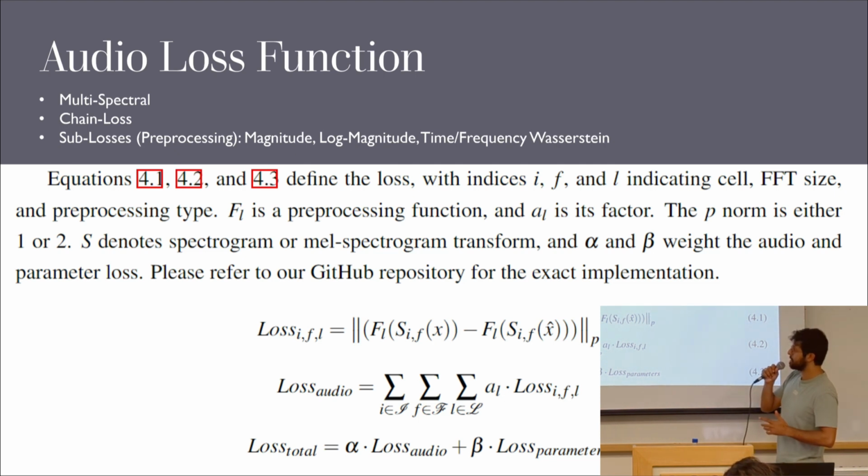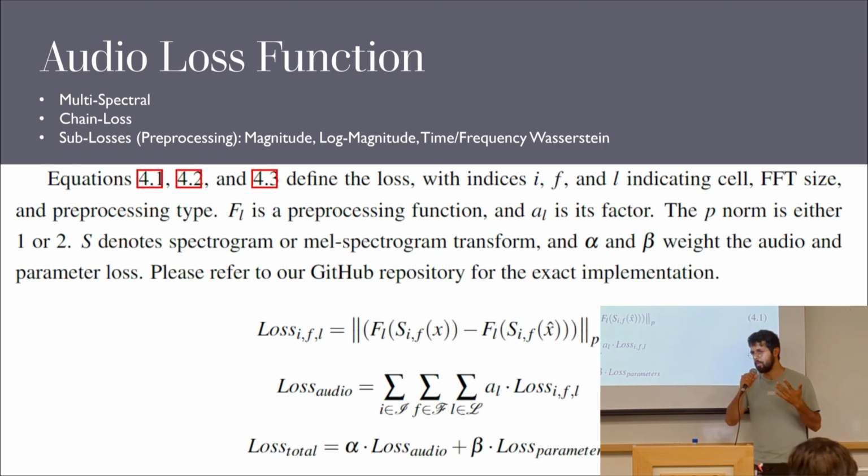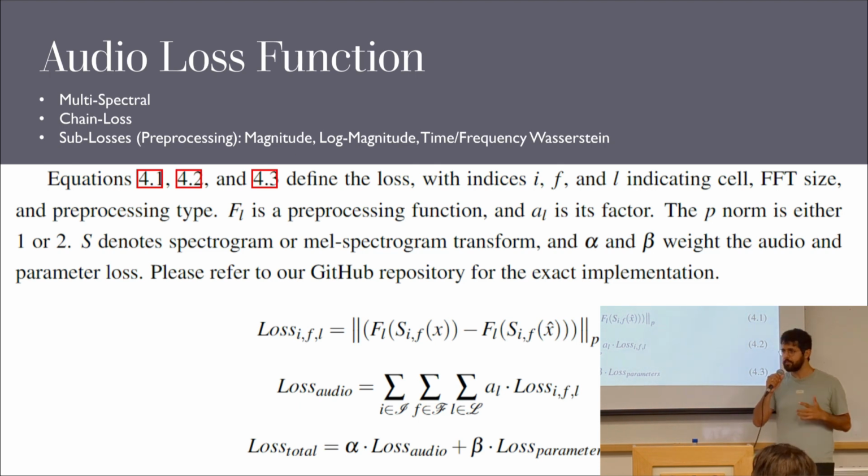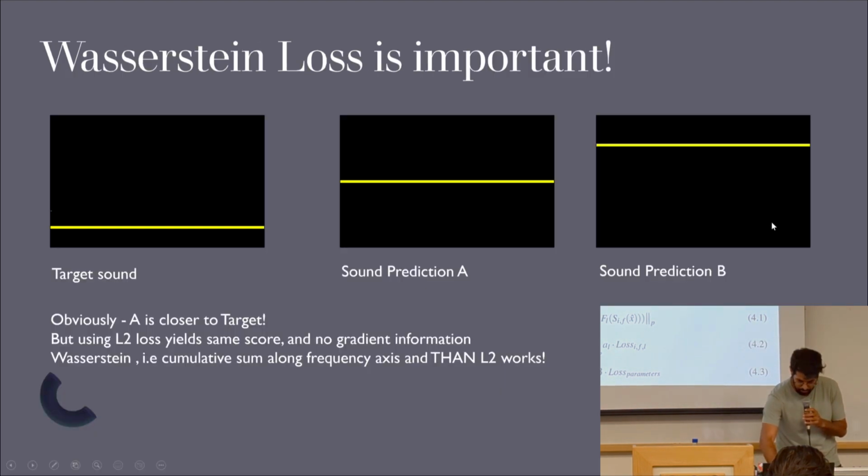And the last one is several pre-processing functions, okay? We can just do L2 between the spectrograms. We can take the log, and then we get smaller variance and better utilization in the loss. And we have Wasserstein loss, which sums the loss along some line, okay?